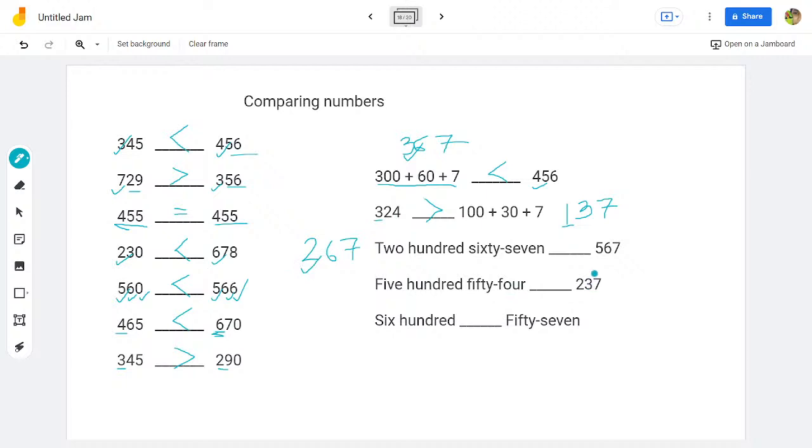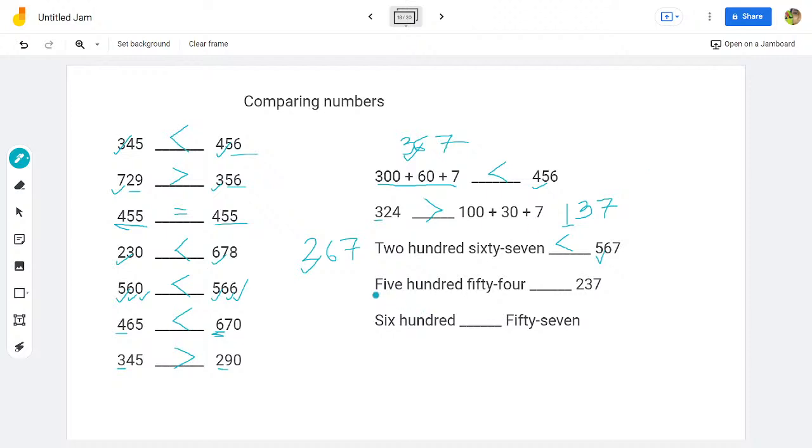It's 2 over here and 5 over here, which means 2 is less than 5. Since 2 is less than 5, we would use the less than symbol. So 267 is less than 567. This is how we write that. Okay, now let's move on to the next set of numbers.